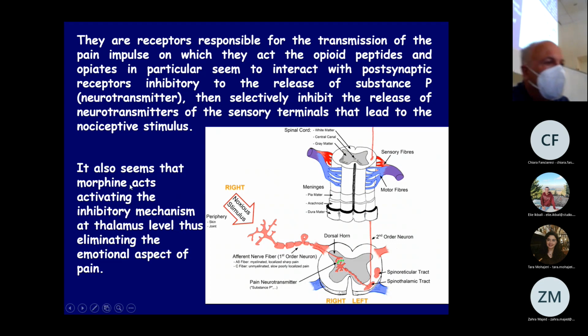As I told you before, morphine is able to act at the thalamus level, inside the thalamus. So it is able to eliminate the emotional aspect of pain.